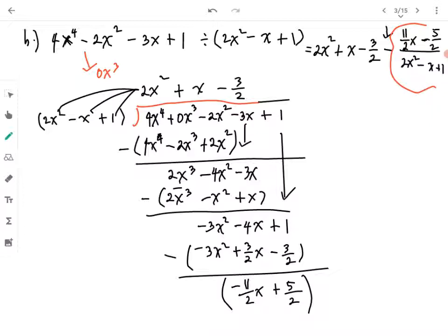So that gives us, by division, 2x squared plus x minus 3 over 2 minus 11x minus 5 all over 2 times 2x squared minus x plus 1. Okay, that's it.